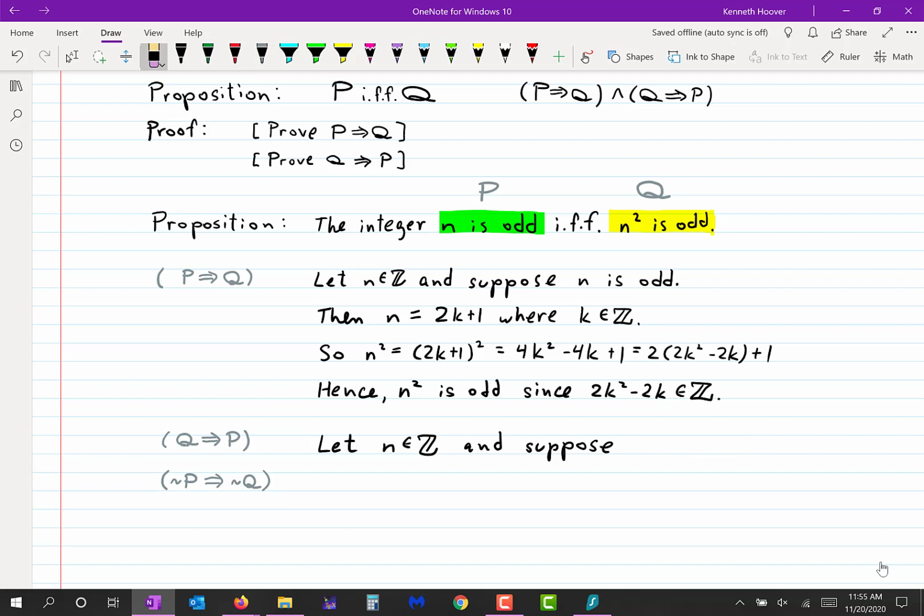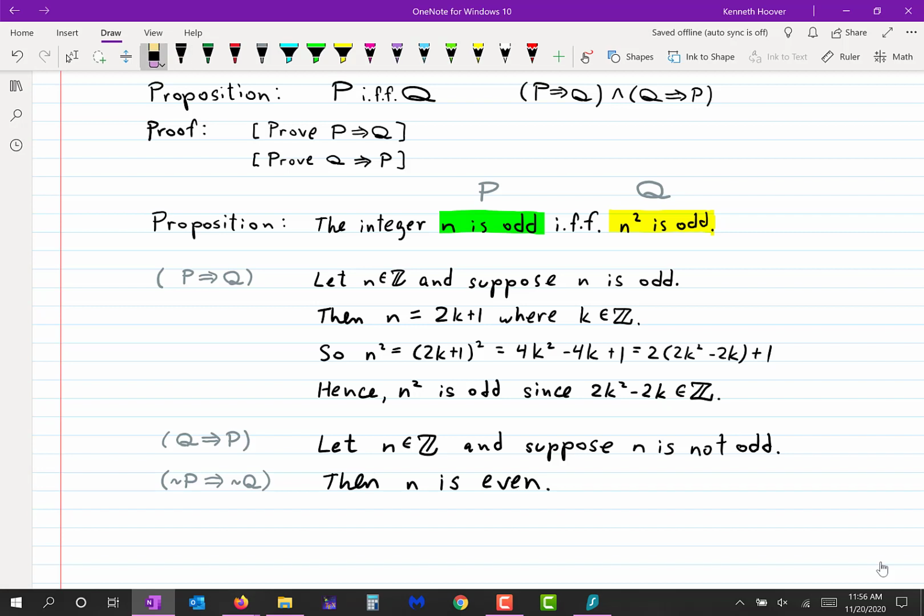Let n be an integer and suppose n is not odd. Some people feel like you should say n is not odd, and then say, therefore, n is even. That's totally fine. I think that's going a step beyond.